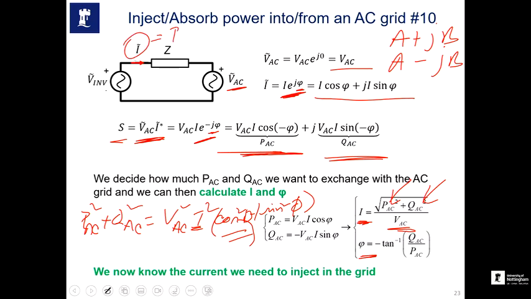We want to calculate I and also e to the power j phi. So we calculate the magnitude I by using the first equation, let's say equation 1, and by using the second equation we can calculate the angle. Okay, so just by using these two simple formulas we can calculate the required current in our PV inverter system for a specific real power and a specific reactive power.